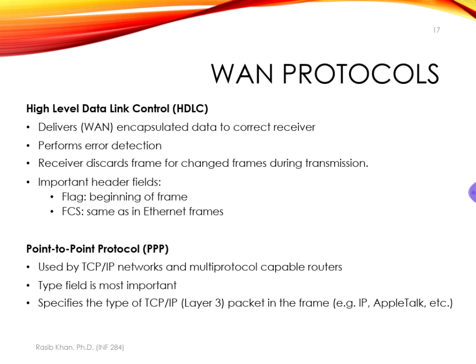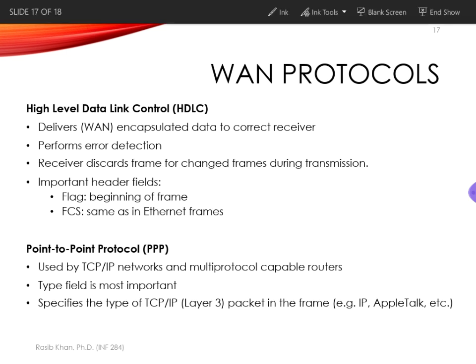So if you look at the common WAN protocols, the two common ones that we would like to cover, the first one is called the High Level Data Link Control, or HDLC protocol. And one of the primary objectives of HDLC is to deliver encapsulated data to the receiver. So this means that it packs whatever packet it receives from one of the customer sites, encapsulates it, and delivers it to the other end.